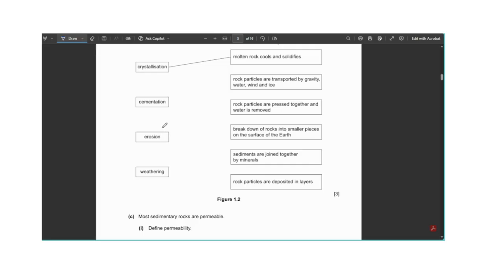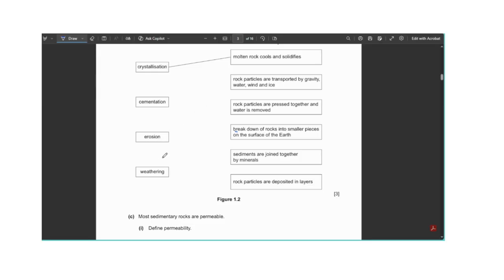Weathering, erosion and cementation. The first thing I know in this question paper: erosion is the breaking down of rock into smaller pieces on the surface of the earth, or rock particles are transported by gravity, water, wind and air.